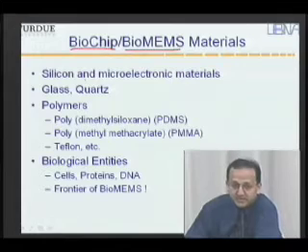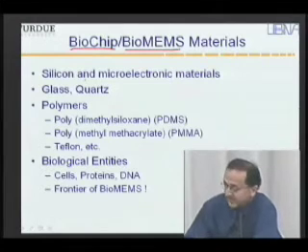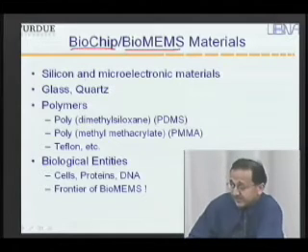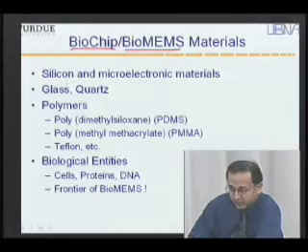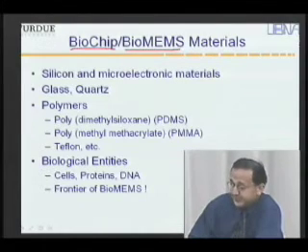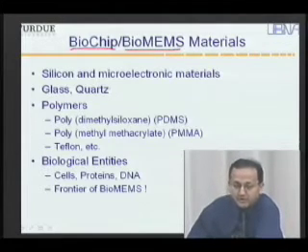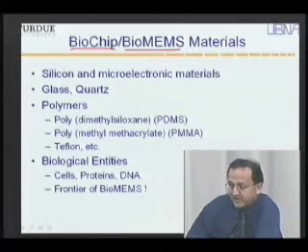In addition to silicon and related materials, glass and quartz are also used very frequently. For example, glass and quartz are usually used to bond or cover a chip. If you're making a microfluidic device, you could cover it with glass, and that provides a transparent material through which you can actually shine light and look for fluorescence, for example.